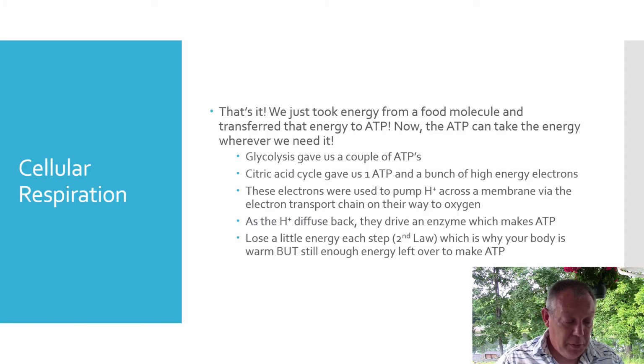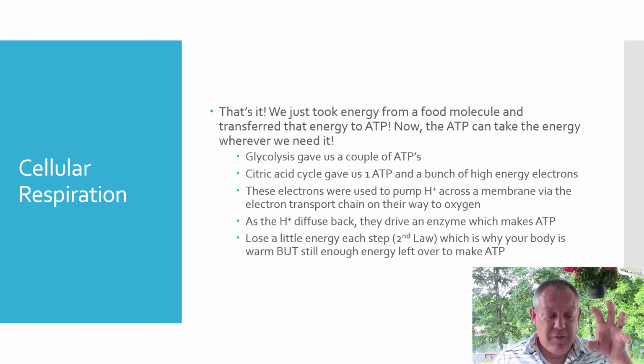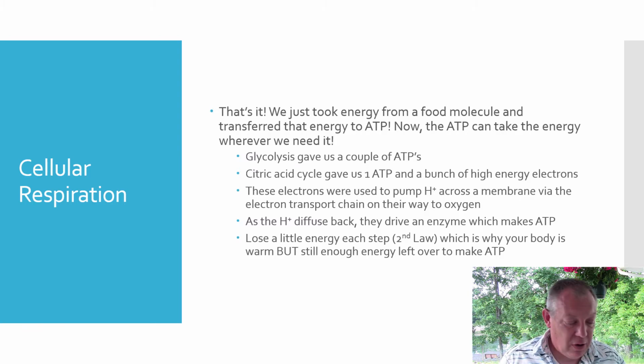Glycolysis gave us a couple. The citric acid cycle only gave us one per molecule, but it gave us a whole bunch of molecules with high energy electrons. Those high energy electrons went to the electron transport chain. As the electrons get passed from enzyme to enzyme, those enzymes pump protons against their concentration gradient.